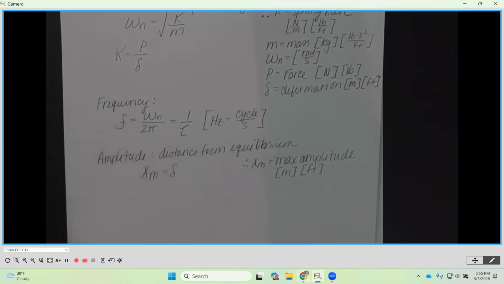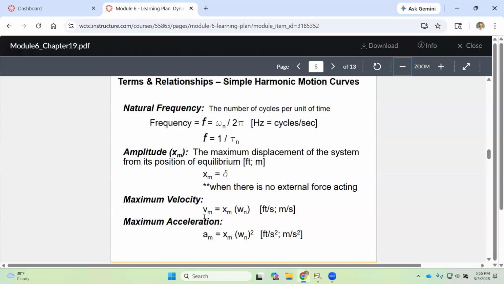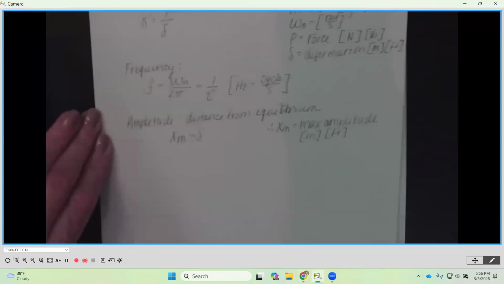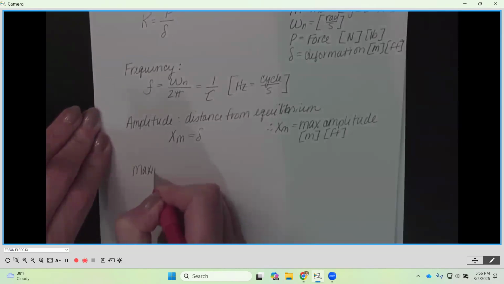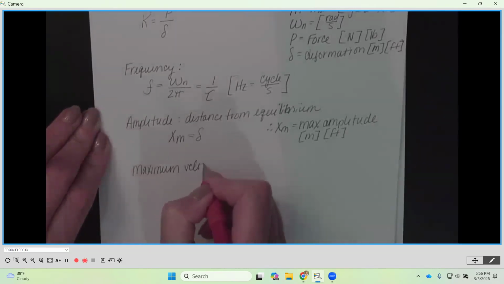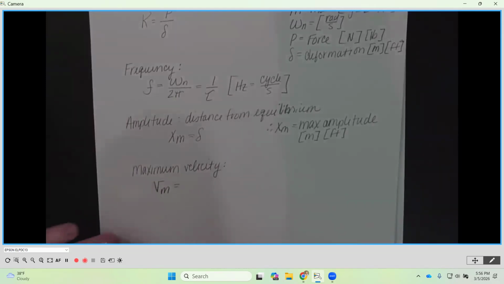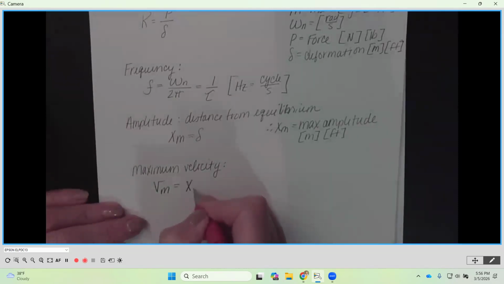Now, because this is traveling back and forth, we are going to be interested in how fast that is going. So what is the maximum velocity and the maximum acceleration that is going to occur? Adding those to our equation sheet. Maximum velocity, V sub M, is going to be equal to the amplitude distance, because it's the furthest distance that it travels away, where that maximum velocity occurs, times the natural circular frequency.